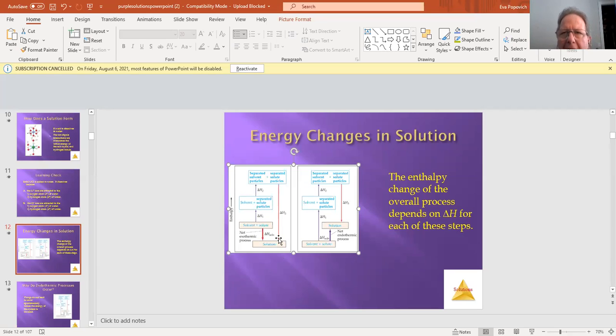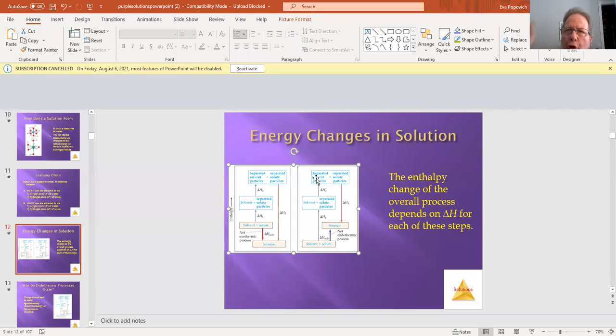This is going to be like dissolving NaCl in water. That is an exothermic reaction. If you feel the tube, it will become hotter. On the other hand, if I have my solute and solvent, again, it's going to take energy to separate my solute. It's going to take energy to separate my solvent.